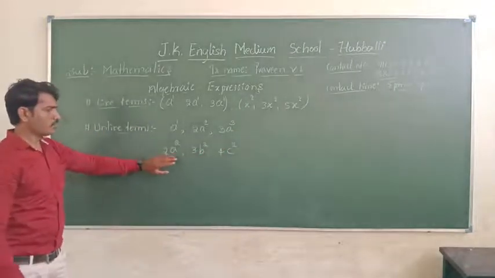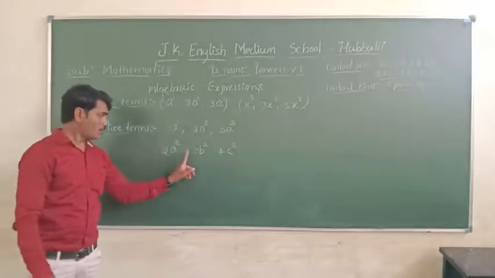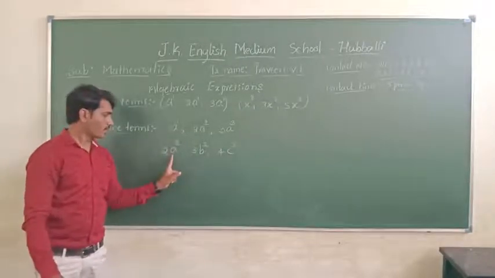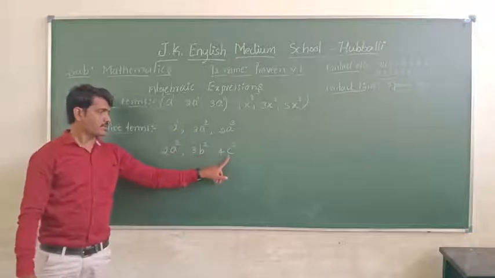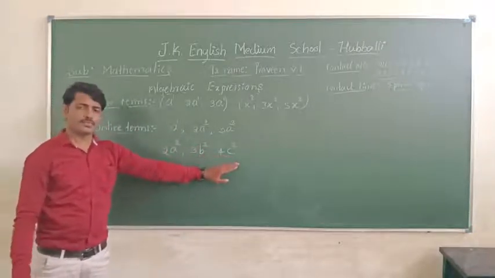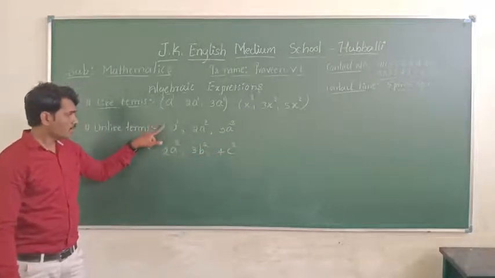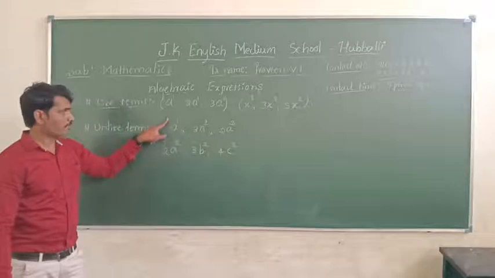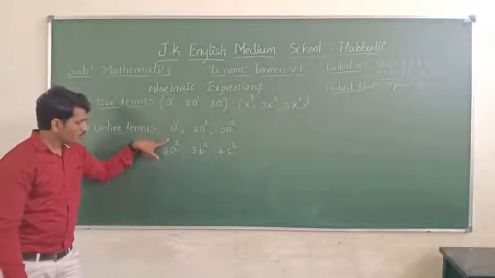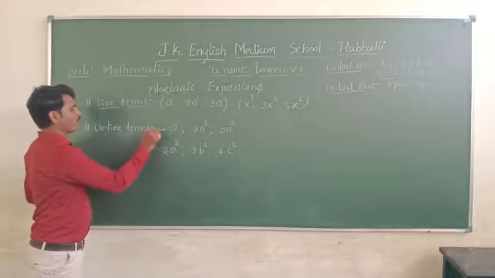This is also an unlike term because all three variables are different. A is different, B is different, and C is different, but the exponents are the same. In the first group the bases are the same and exponents are different; here exponents are the same and bases are different. This is also an example of unlike terms.